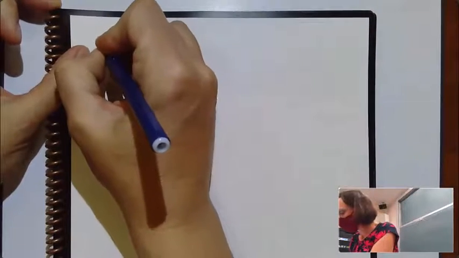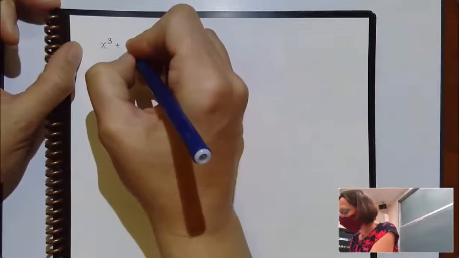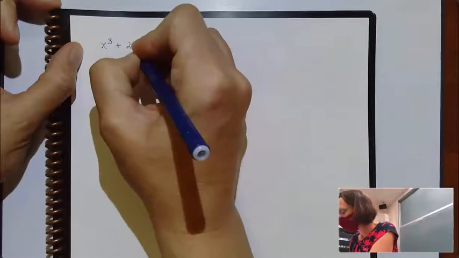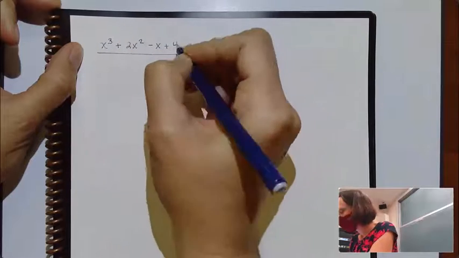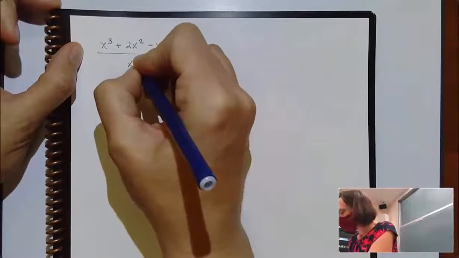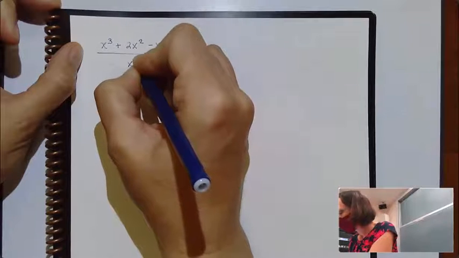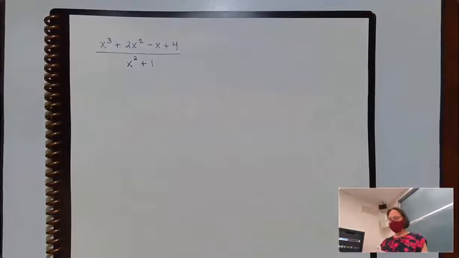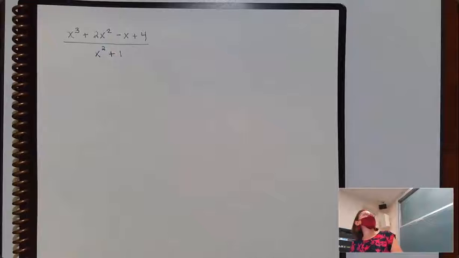How about x cubed plus 2x squared minus x plus 4 all over x squared plus 1.